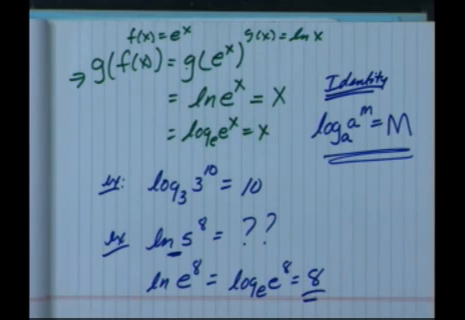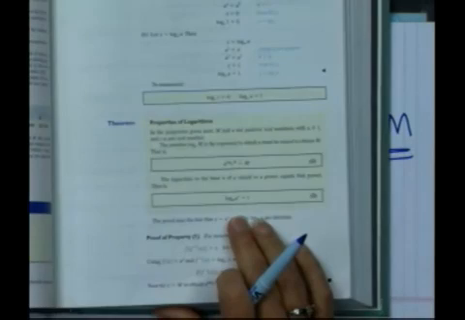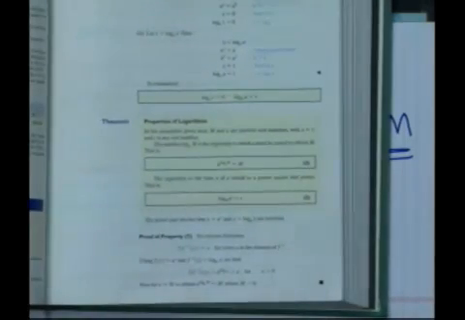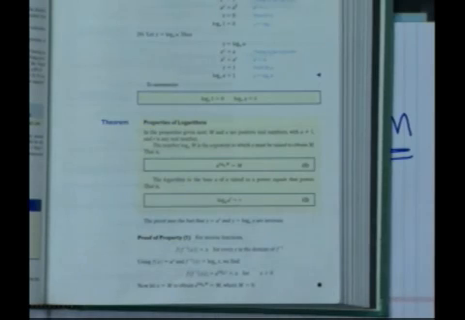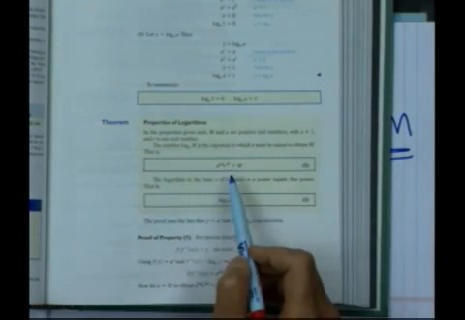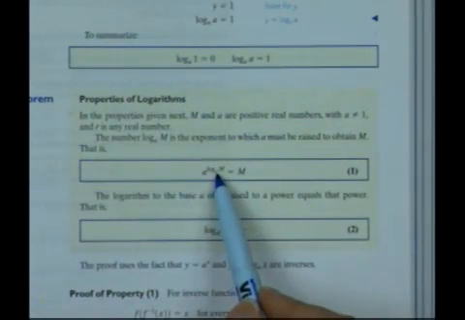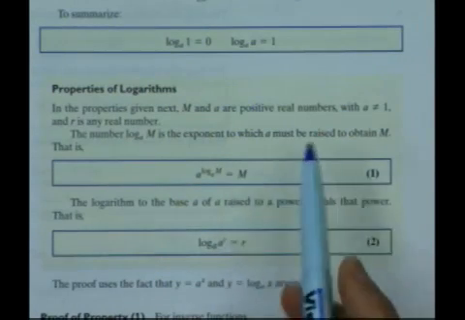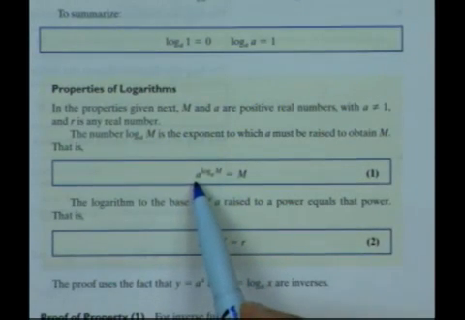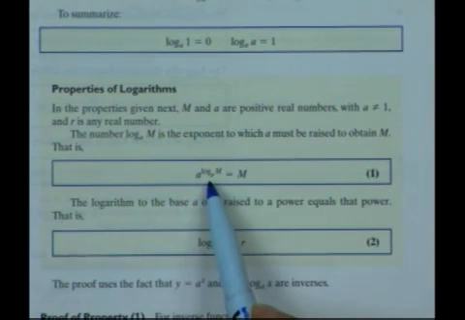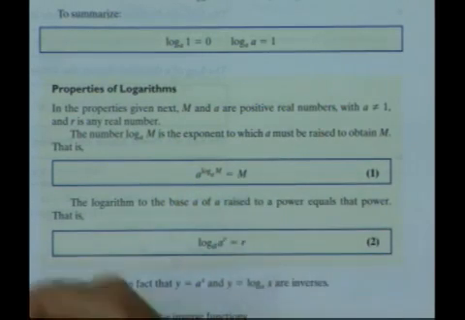By the way, those identities, they're actually calling them properties on page 449. We usually call them identities. The base a raised to the log to the base a of m is m.